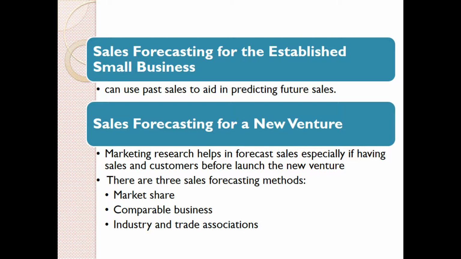Probably in the whole of Malaysia, the market share is 100%. If there's another person selling green nasi lemak or nasi lemak just like you, then you have to know how many customers the other person have. If they have more than you, probably they have 70% market share, you have 30% market share.